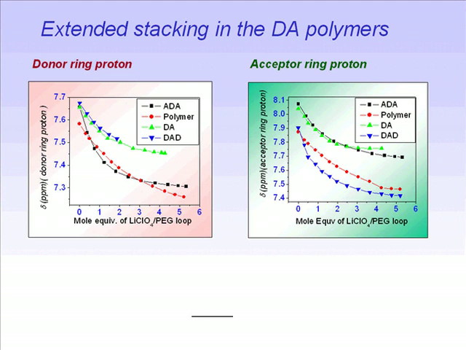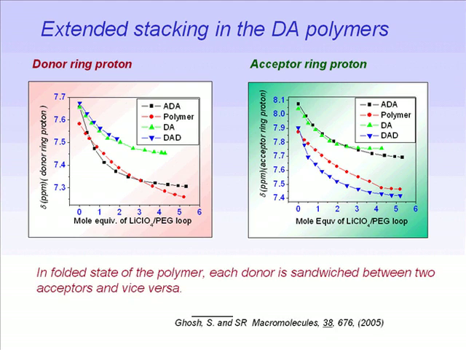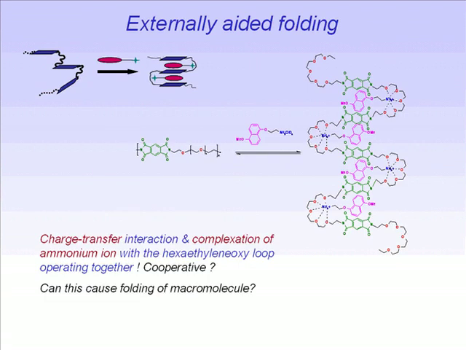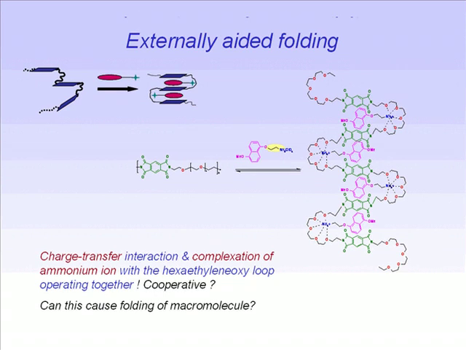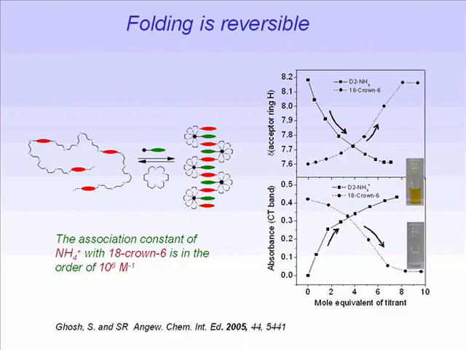What we effectively see is that the variations of the small molecule components parallel that of the model compounds in a manner so as to indicate that there's a very significant fraction of the acceptor units that are sandwiched between donors, and similarly a very significant fraction of the donor units are actually sandwiched between acceptors. This is something that tells us that the stack length might be very long, but unfortunately the technique is not sensitive enough for us to actually calculate the stack length, because the variations happen to flatten off as the length scale actually increases.